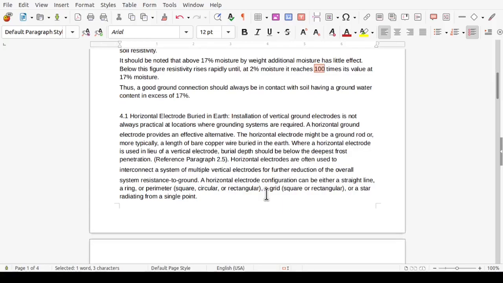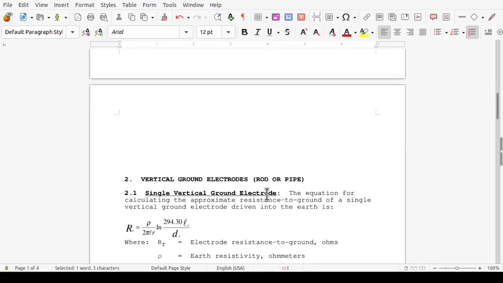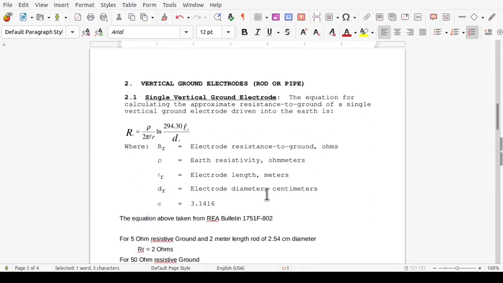The moisture content, we're not going to change that much, but we can slam a rod into it, or we can bury horizontal rods, not slamming it in, but laying it into, say, a ditch, and then backfilling the ditch. Cut and cover kind of situation. I'm not going to go into that.